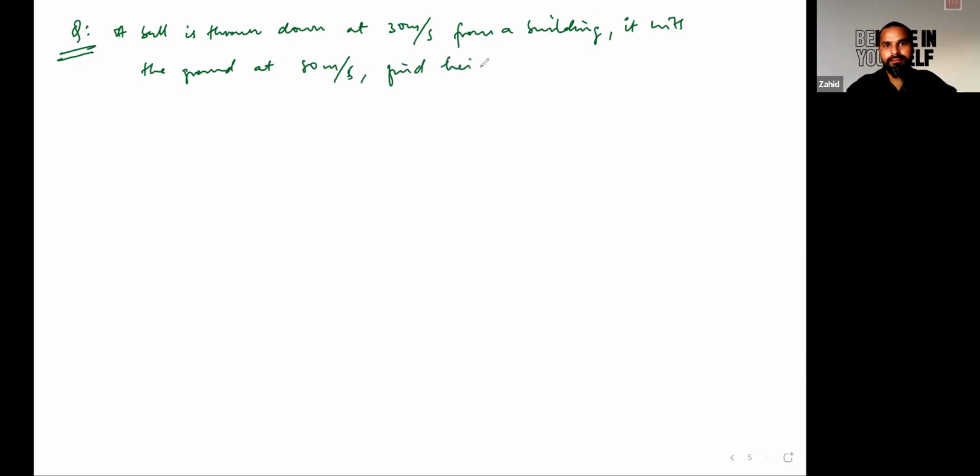Find the height of the building and time of flight. Try to solve. Just initially try to figure out all the given conditions, and on the basis of that particular origin, define their polarity for u, v, acceleration, and all of the quantities.